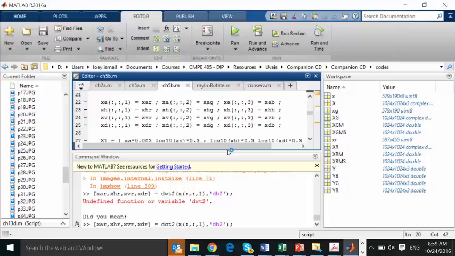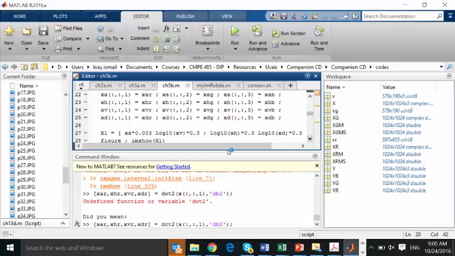And for the horizontal details, we'll get it from the horizontal of the red, green, and blue, and the same thing for the vertical and for the diagonal. Then after that, I will try to put all of the 4 figures together in one figure by constructing a matrix like this one.